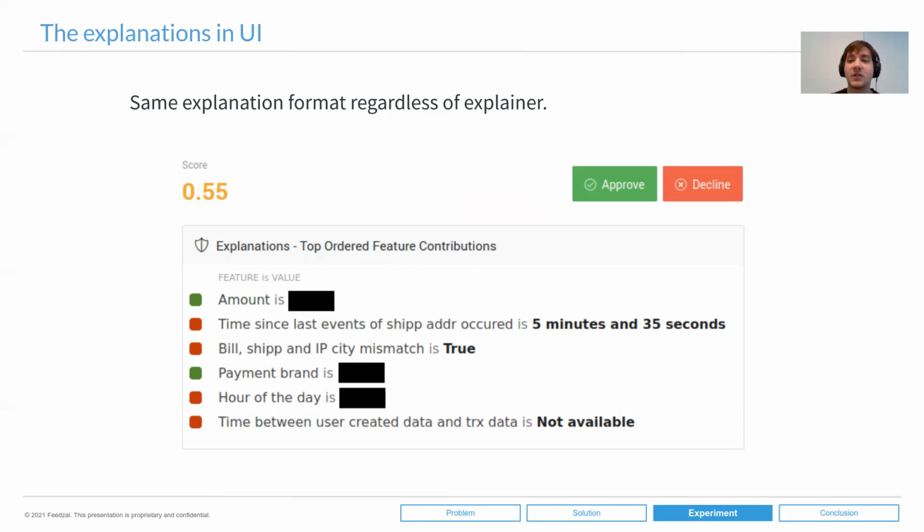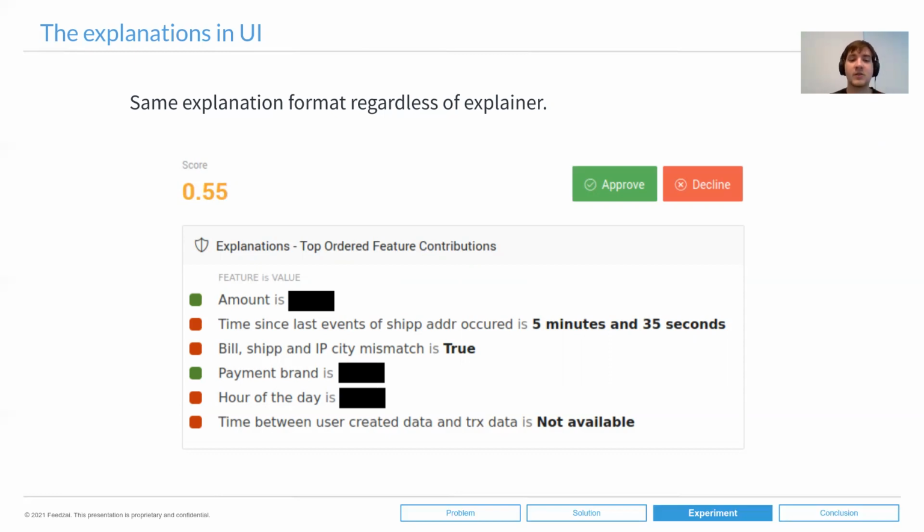Features that contributed to approving a transaction would have a green marker, and features that contributed to declining the transaction would have a red marker. Only the top 6 features with most contributions would appear on this explanation.